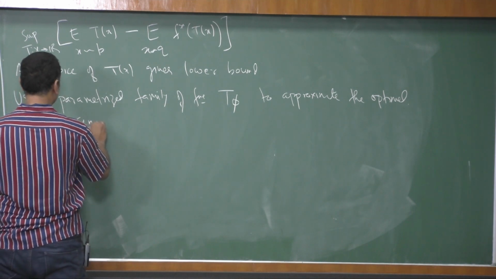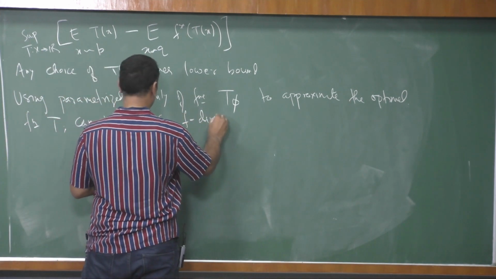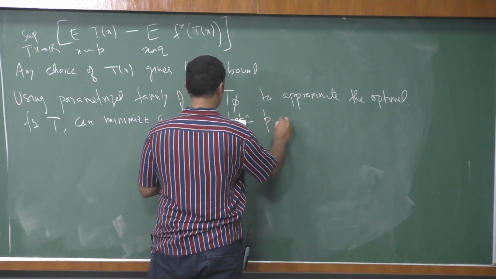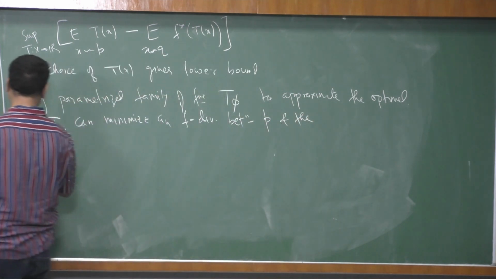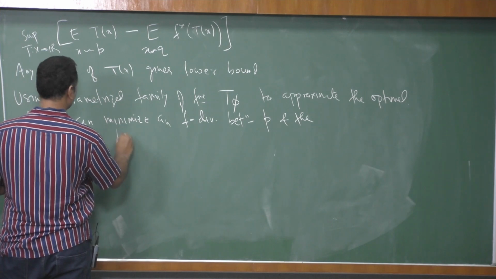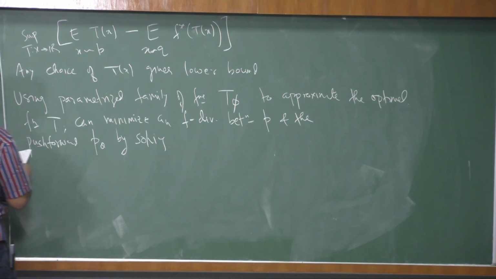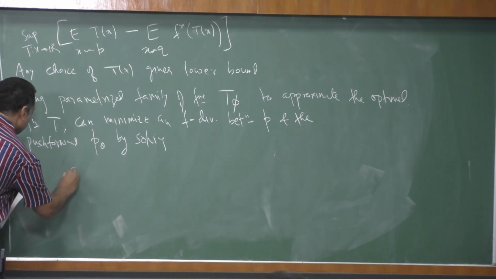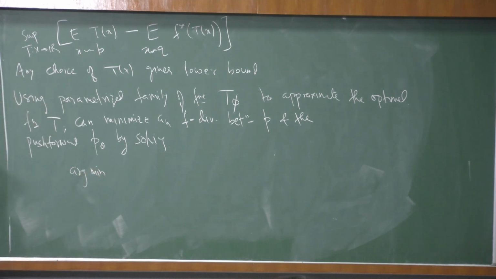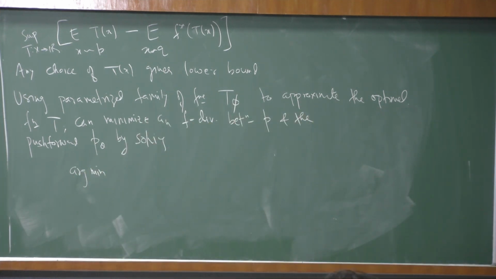t can minimize an f divergence between p and the push forward p theta by solving this arg min, because we are parameterizing by phi, approximating t by some t phi, and then we have theta in the p theta.